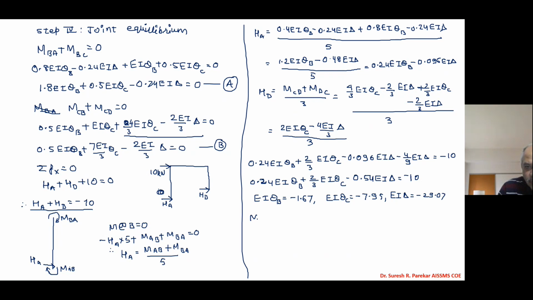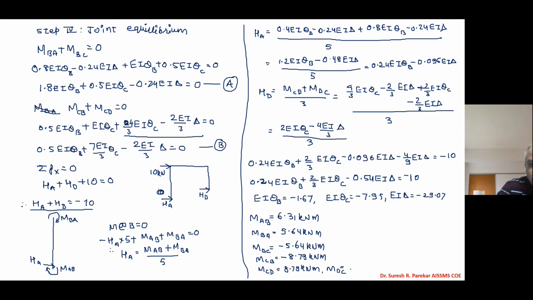And if we put values in the equation of final moments, then we have MAB 6.31 kilonewton meter, MBA 5.64 kilonewton meter, MBC minus 5.64 kilonewton meter, MCB minus 8.79 kilonewton meter, MCD 8.79 kilonewton meter, and MDC 14.08 kilonewton meter.